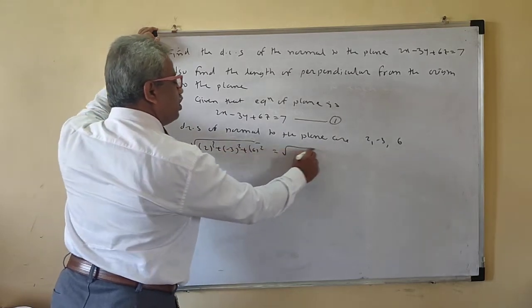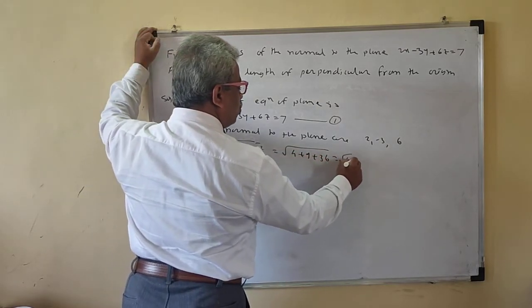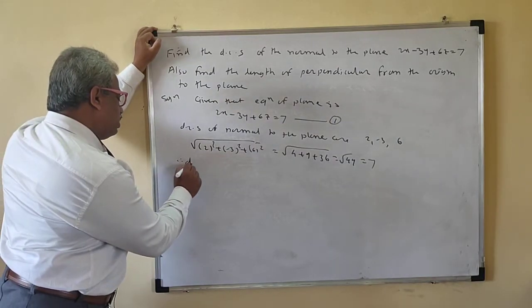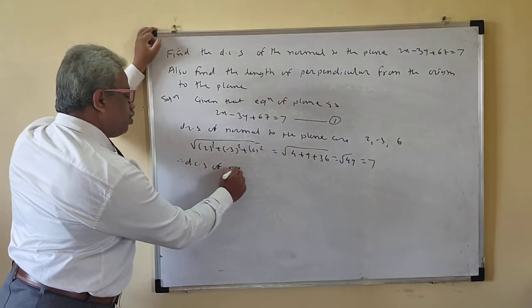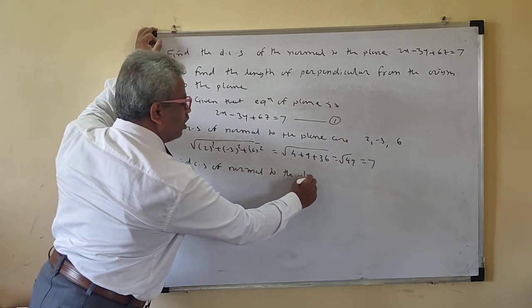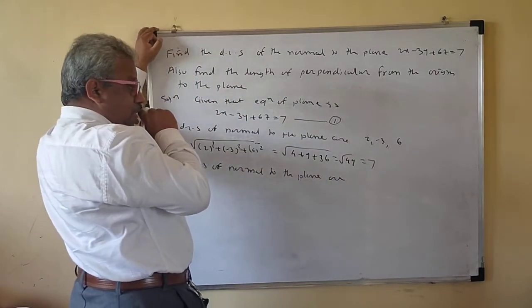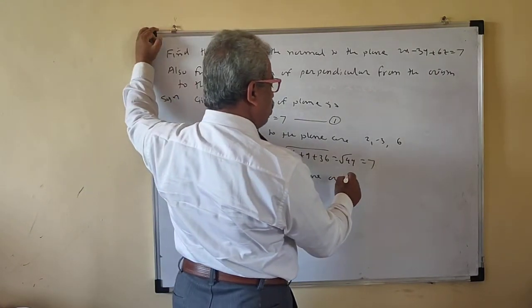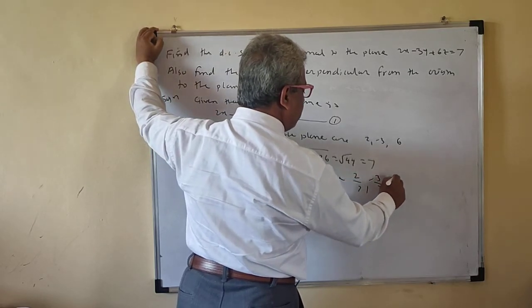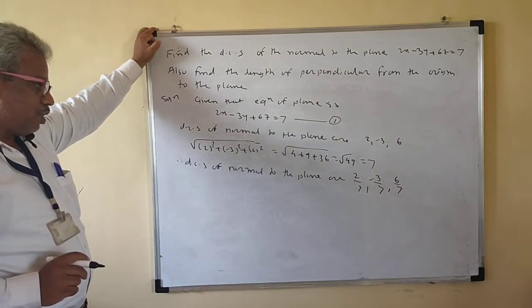So this is 4 plus 9 plus 36, root 49, which is 7. So therefore the DCs of the normal to the plane are 2 by 7, minus 3 by 7, 6 by 7.